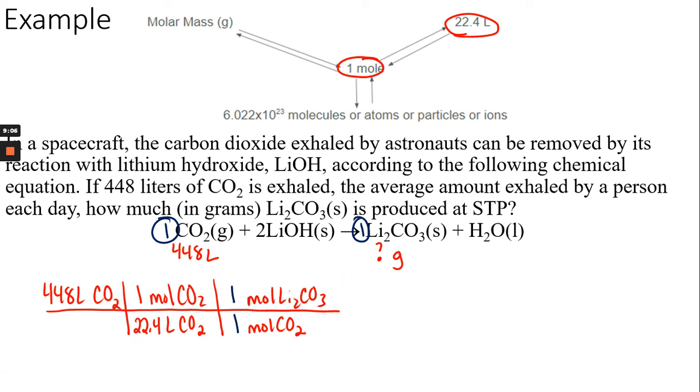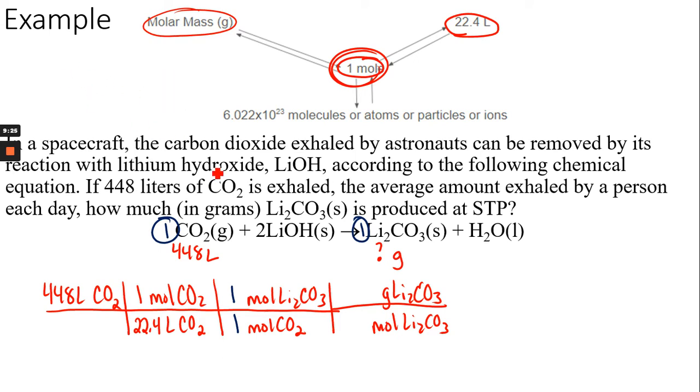Then we want to convert to the unknown unit. So the question is asking for grams, so we've got to do one more step, and we've got to go from moles to grams. Looking at the roadmap, 1 goes with mole, molar mass goes with grams. So we can put 1 on the bottom, and then we use our periodic table to find the mass of lithium carbonate.